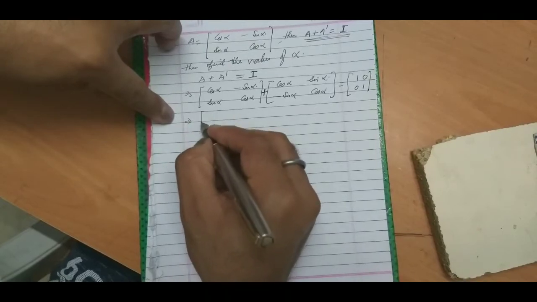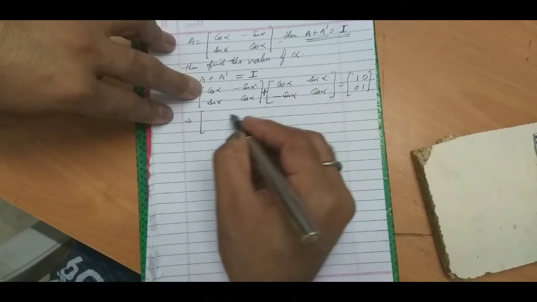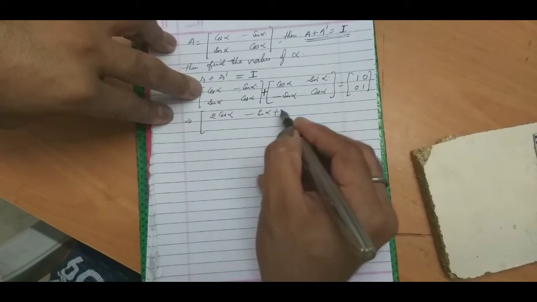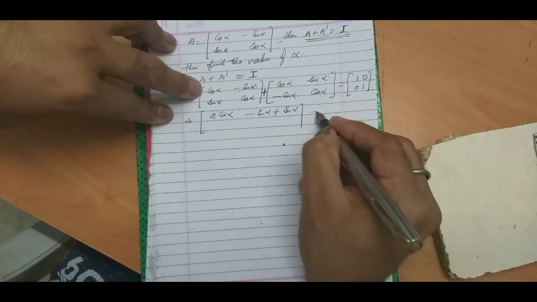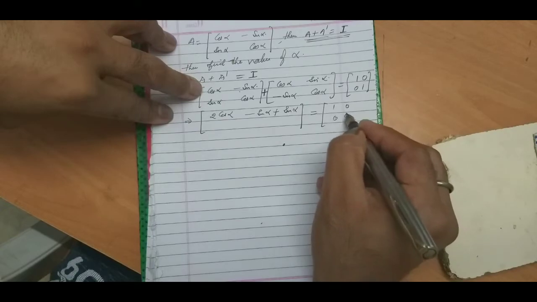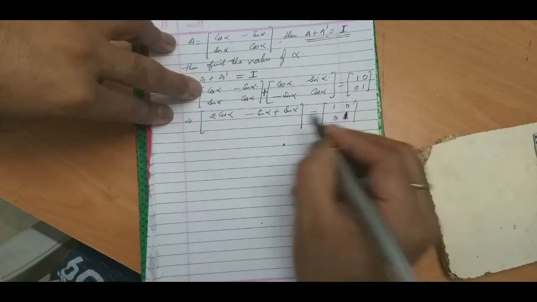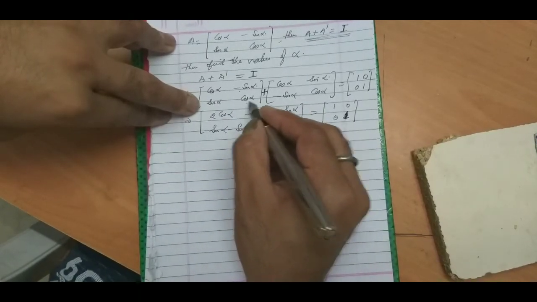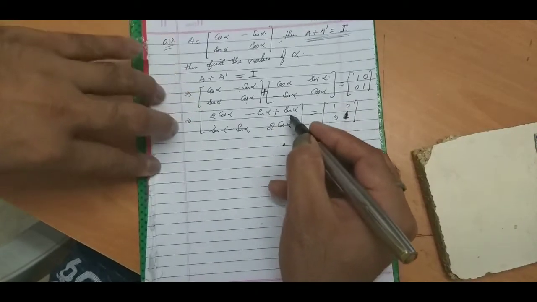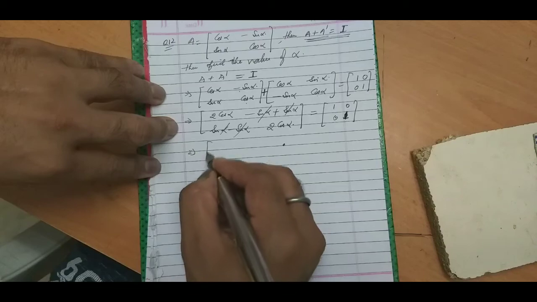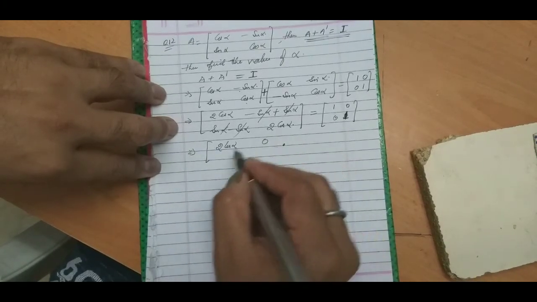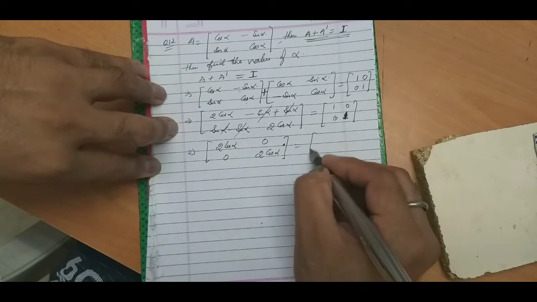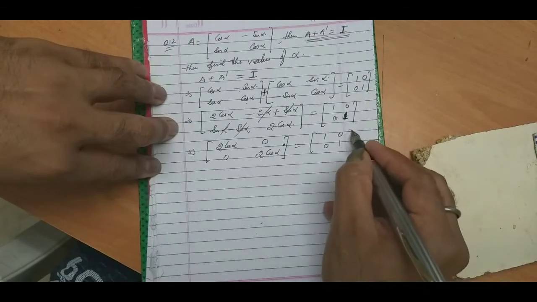Then adding these two, cos alpha plus cos alpha, 2 cos alpha, minus sin alpha plus sin alpha, this sin alpha minus sin alpha, this cos alpha plus cos alpha, 2 cos alpha. So this cancels, we get 2 cos alpha and then 0 and then 0 and then 2 cos alpha is equal to 1 0 0 1.